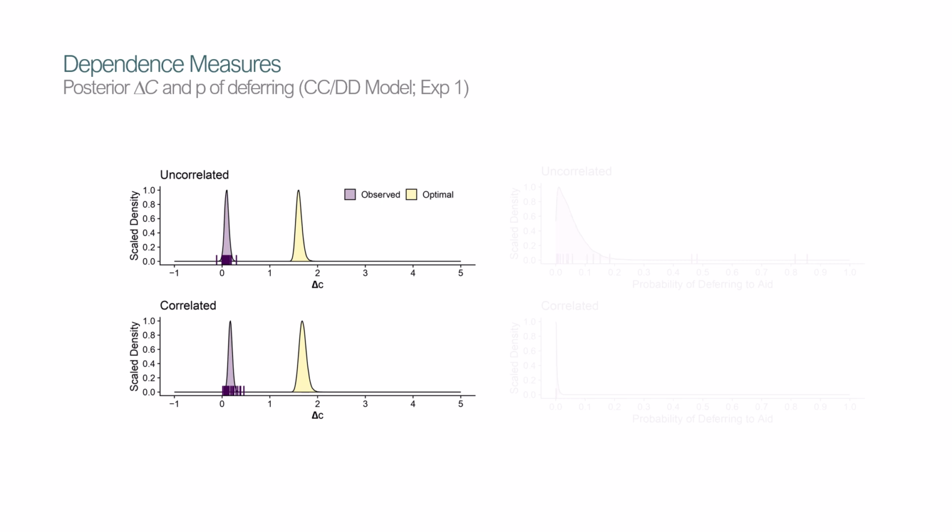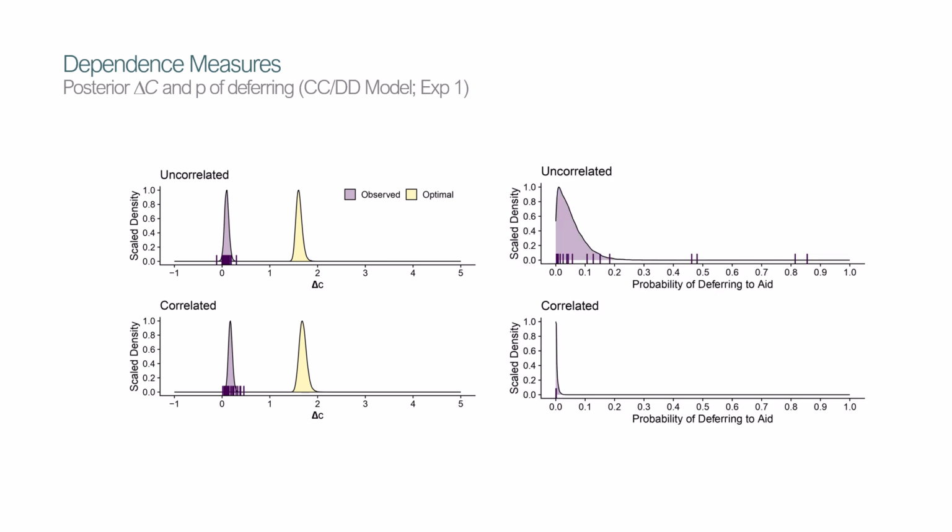Over here in yellow, we have optimal estimations of criterion shift, and as you can see, empirical measures fell way short of this, which is generally telling us that participants disused the automation. Now, when we assumed deferral to the aid, we're seeing a similar pattern, with estimates of the probability of deferring very close to 0, which is telling us that overall participants didn't quite use the automation that much, either when we were assuming a CC or a DD component of the strategy.